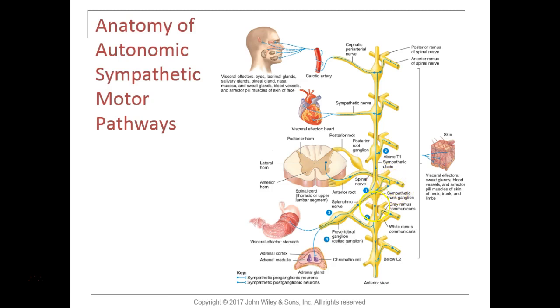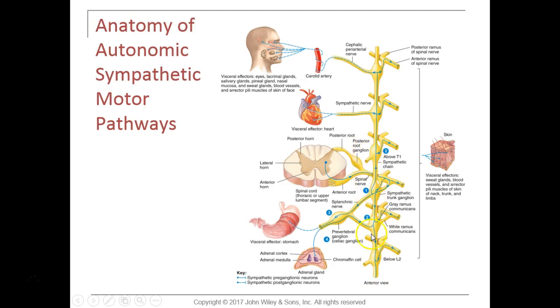Now, that preganglionic neuron, though, can have branches that can go up or down the length of the sympathetic chain ganglion, up and down the spinal cord, and can synapse with other postganglionic neurons at different levels.